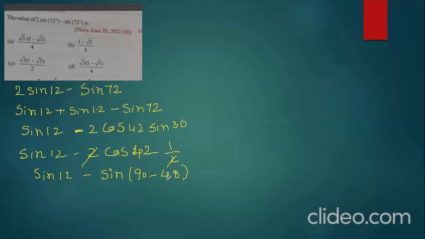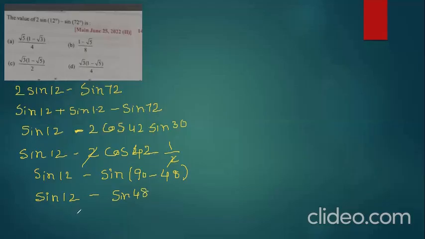Sine of 90 minus 48 is cos 42. Then sine 12 minus sine of 90 minus 48, so sine 12 minus cos 42 becomes sine 12 minus sine 48.